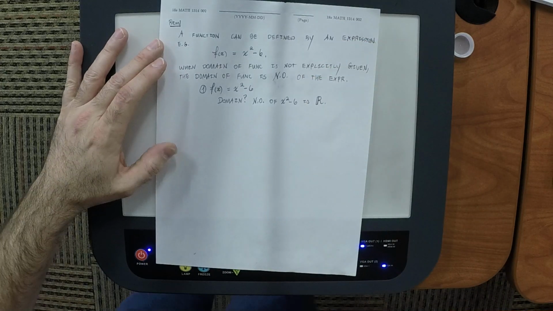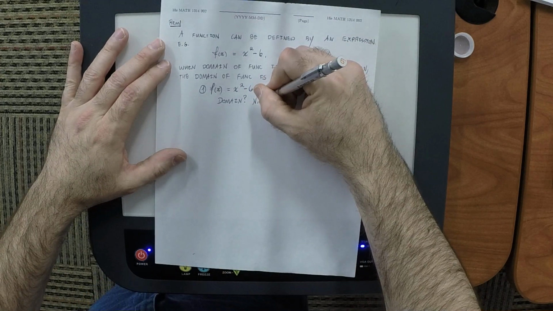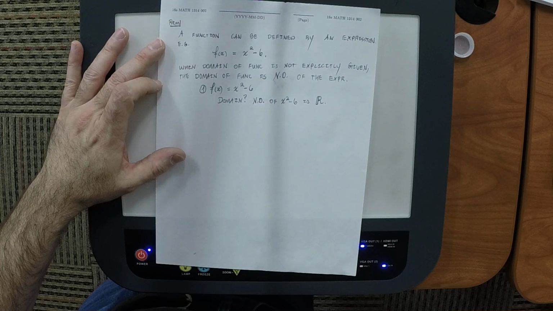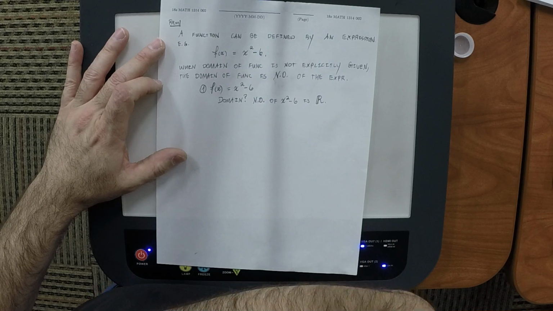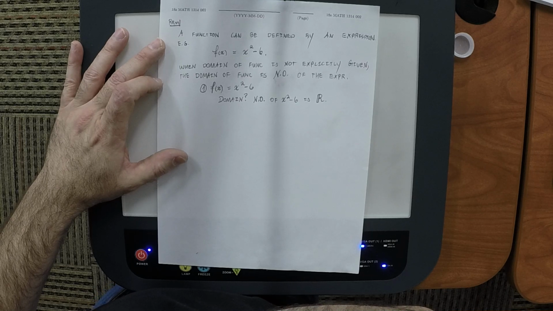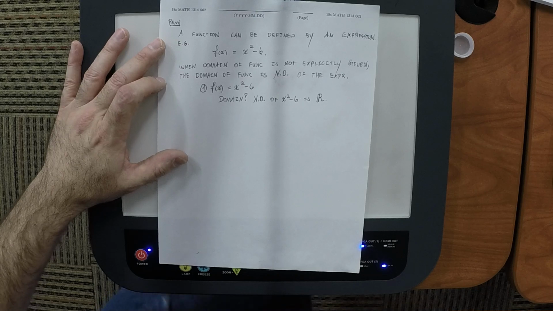I think what throws me off is the phrase, the domain of the function is the natural domain of the expression defining it. I was trying to parse what that means, and force it into meaning that only the values for that particular function that are true. That's not it.